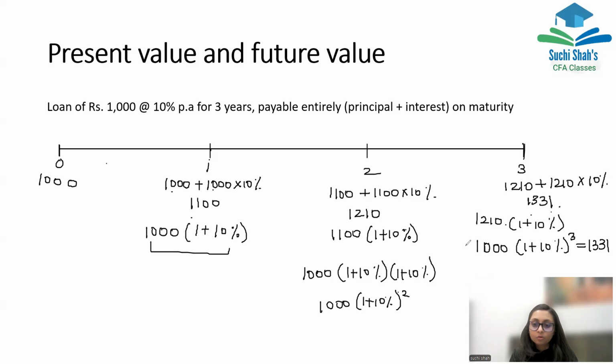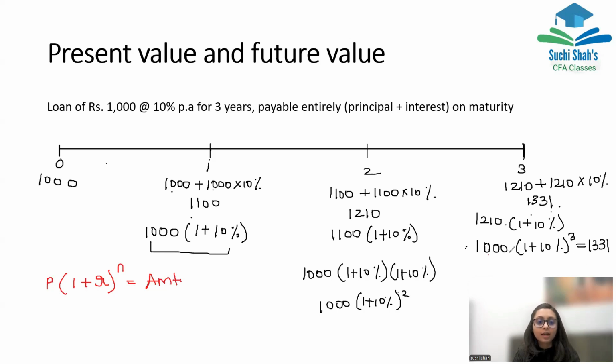Yes. If you notice this closely, this is nothing but our compound interest formula. Yes. That is principal into 1 plus r raised to n. That gives you nothing but your final amount. Yes, this is nothing but our compound interest formula that we used over here.